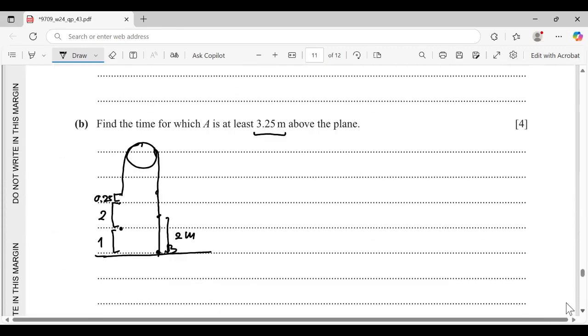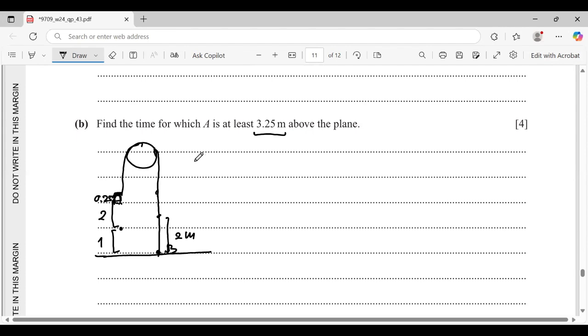And on this 3.25, the particle will go up until here, the maximum, and then it will go back downwards again. This is the maximum height of the particle A, right?